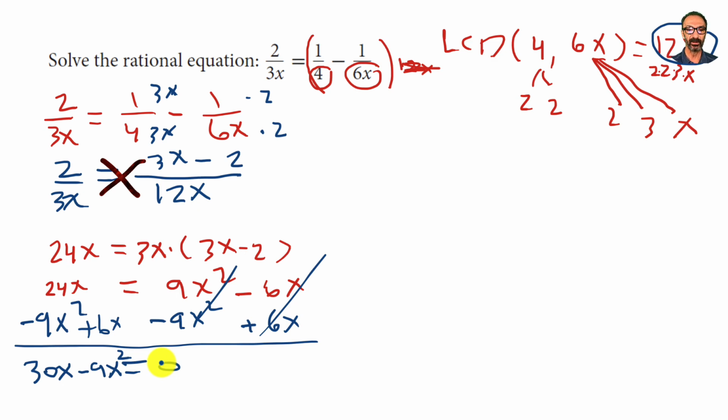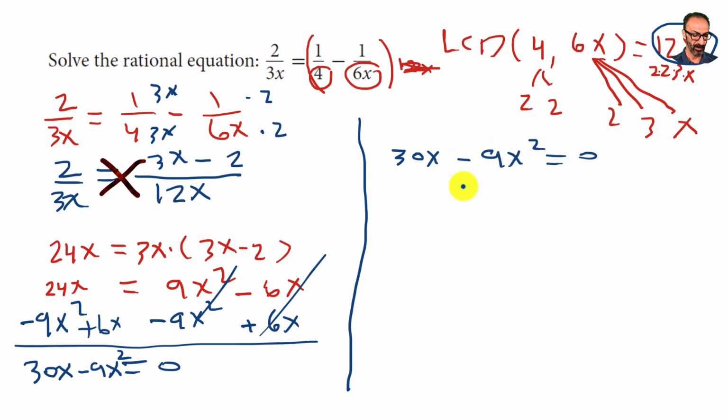Now we could use our algebra techniques by factoring out from both sides minus 3x. Let me write it down here for you. 30x minus 9x to the second equals 0. Take minus 3x out.